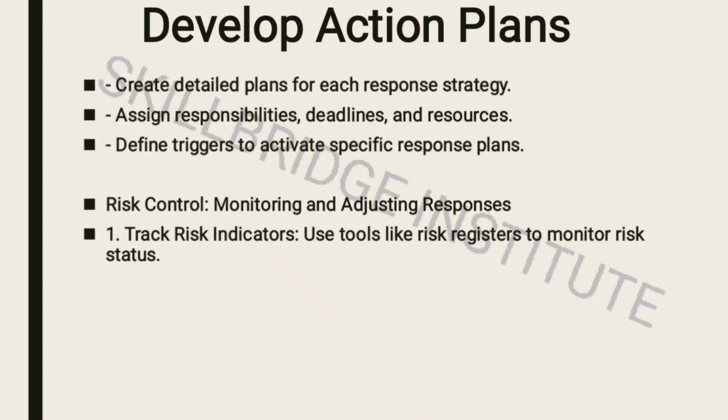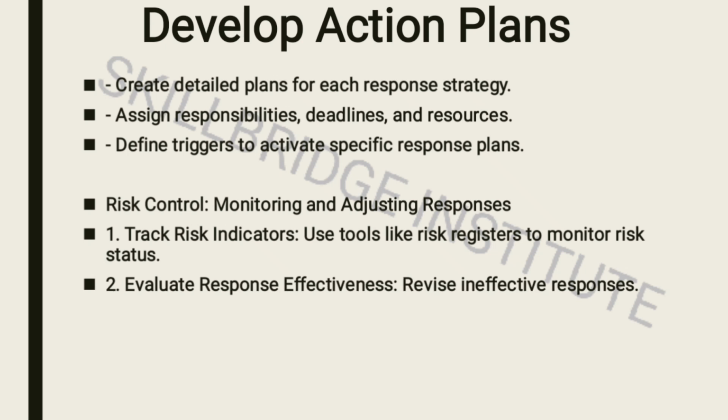Let's talk about risk control. On that one, you are now trying to monitor and adjust those responses. Number 1, in risk control, you need to make sure that you have got a risk register. Number 2, you need to evaluate those responses which you are putting in place.